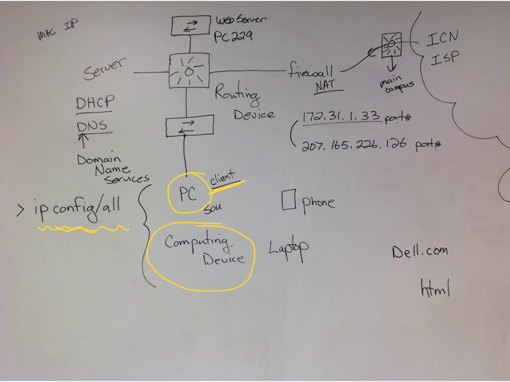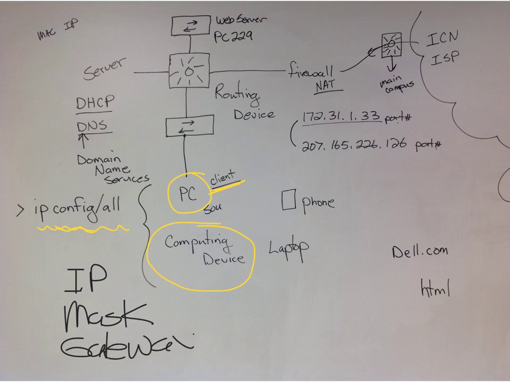In there, we talked about the computer getting an IP address, and then a mask, and at this point we're not worried about the mask. And then the default gateway. And we took a look at those things a little more specifically.